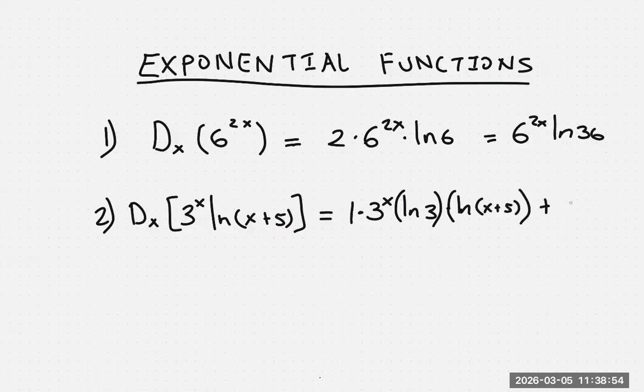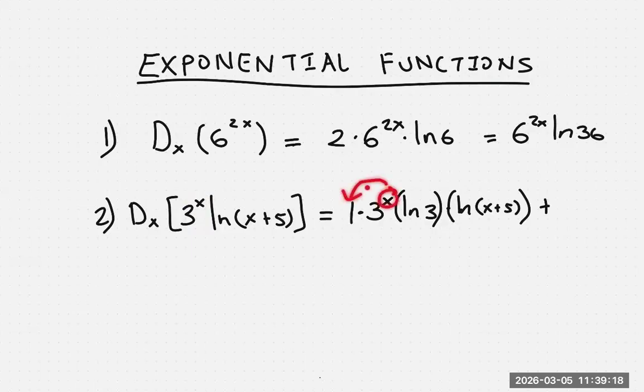So remember, it's a product now. This one times that one. The product rule says differentiate one, multiply by the other, then differentiate the other one, multiply by the previous one. So I differentiated the 3 to the x, and the derivative of x is 1. The derivative of 3 to the x is differentiating the power first, which gives us 1.